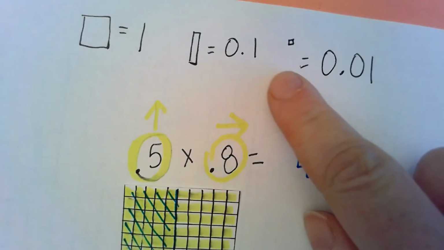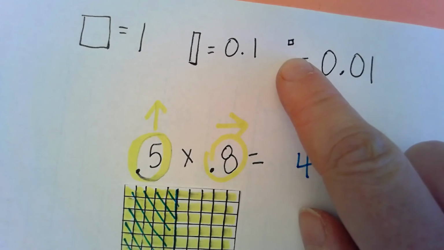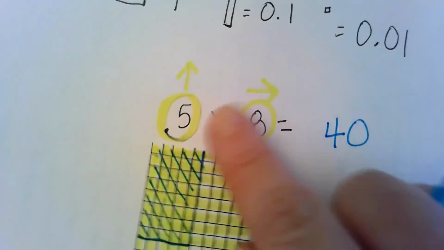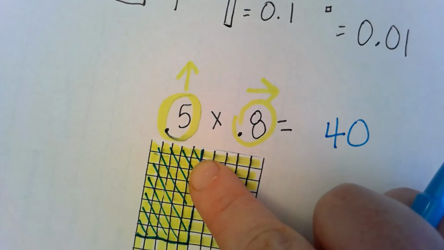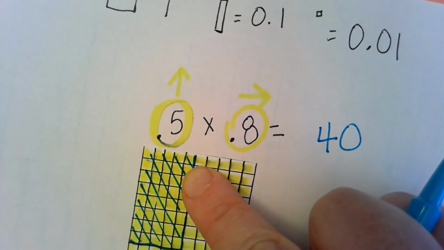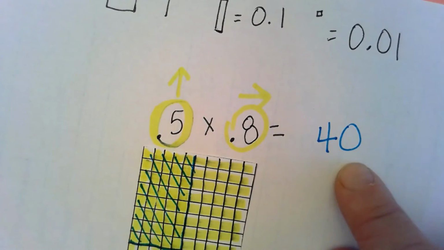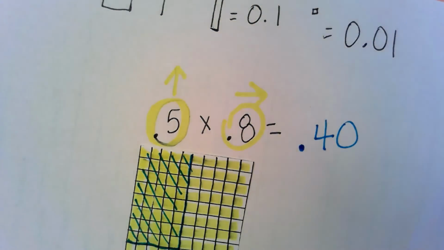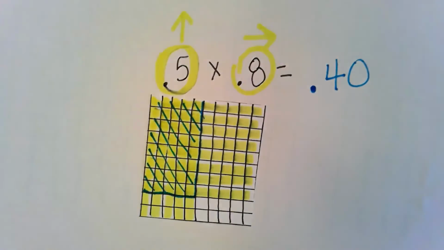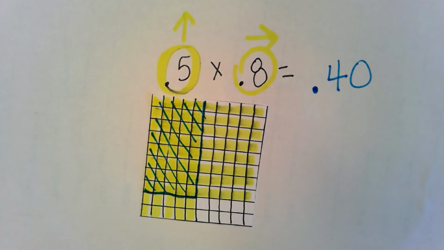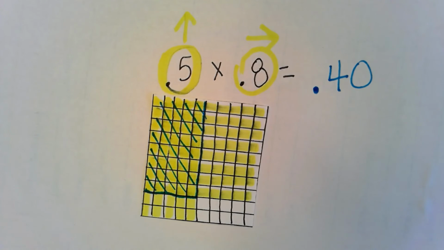Since they are single squares that I am counting, I know that it's 40 hundredths because those single squares represent the hundredths place. Okay, so I have 40 hundredths. That is where my answer lies. This is the way that we model what it looks like to multiply a decimal.